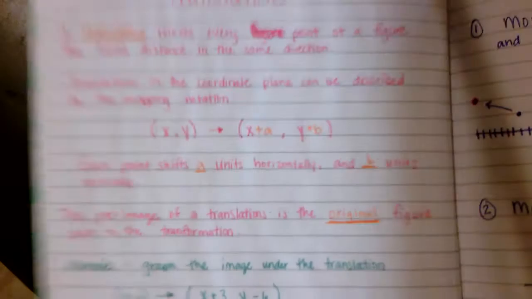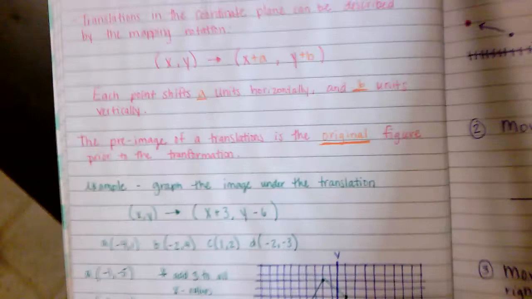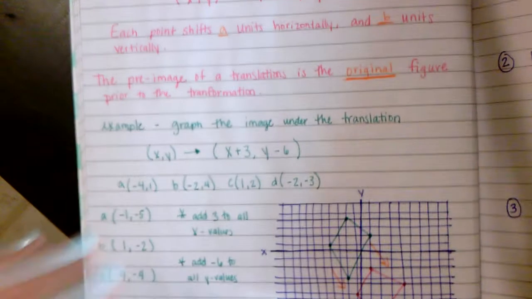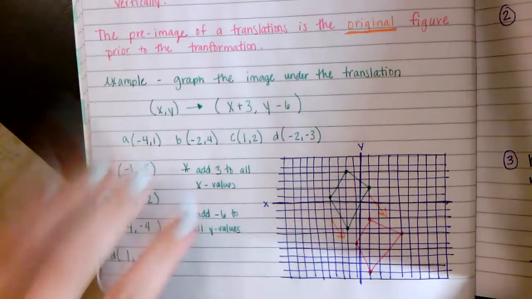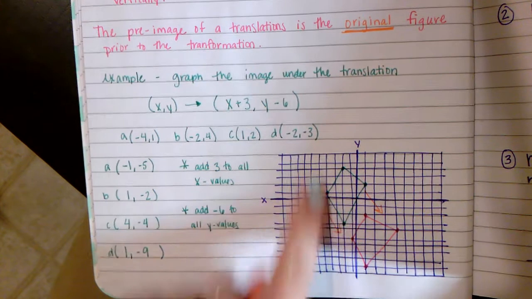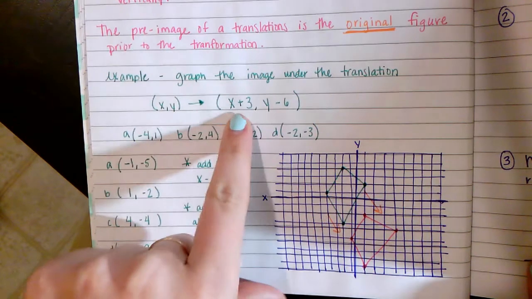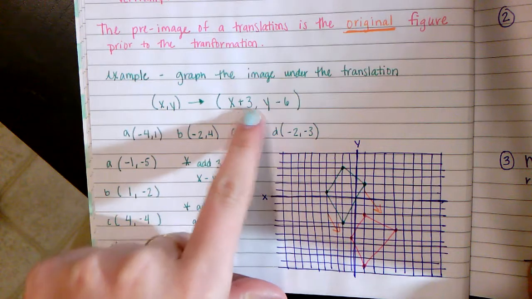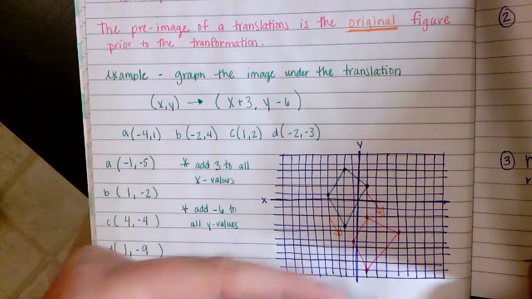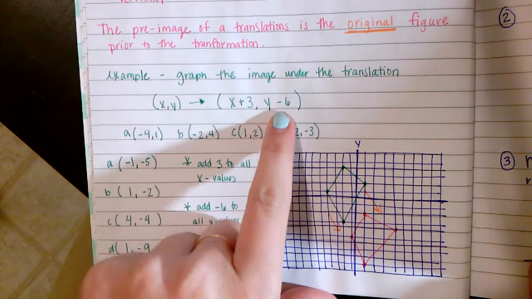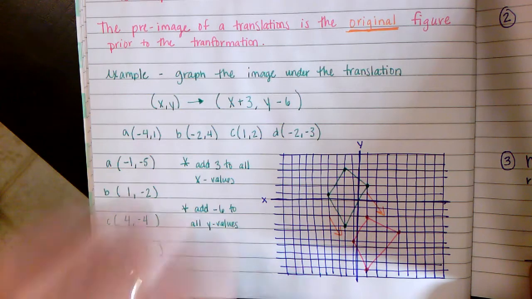Let me shift this down. Your example was this polygon here in green, and these were the points. And the rule was to shift your x's 3. Positive 3 means you're going to the right, and your y was -6, which means you go down 6.